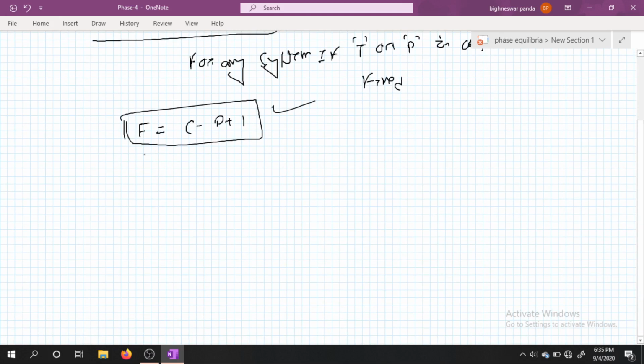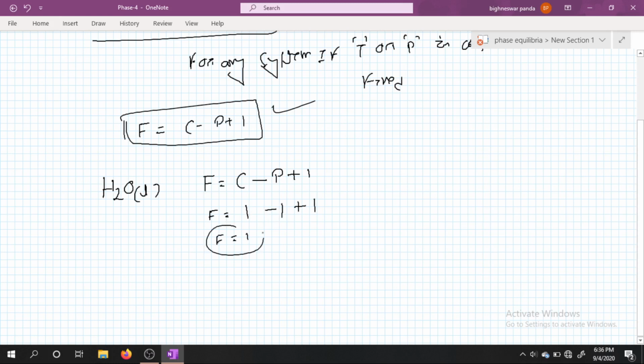So let us consider we have H2O liquid. For this I have to calculate degree of freedom. F is equal to C minus P plus, here is one component, P is also one.